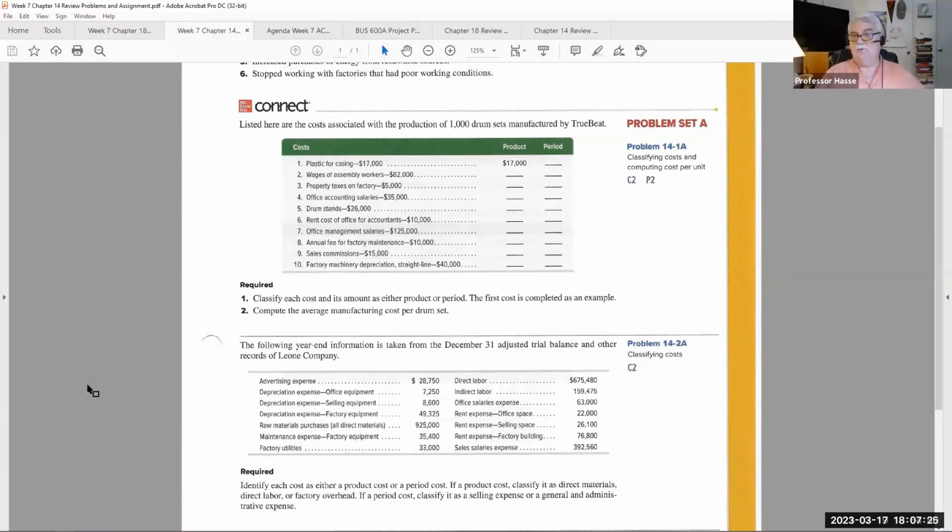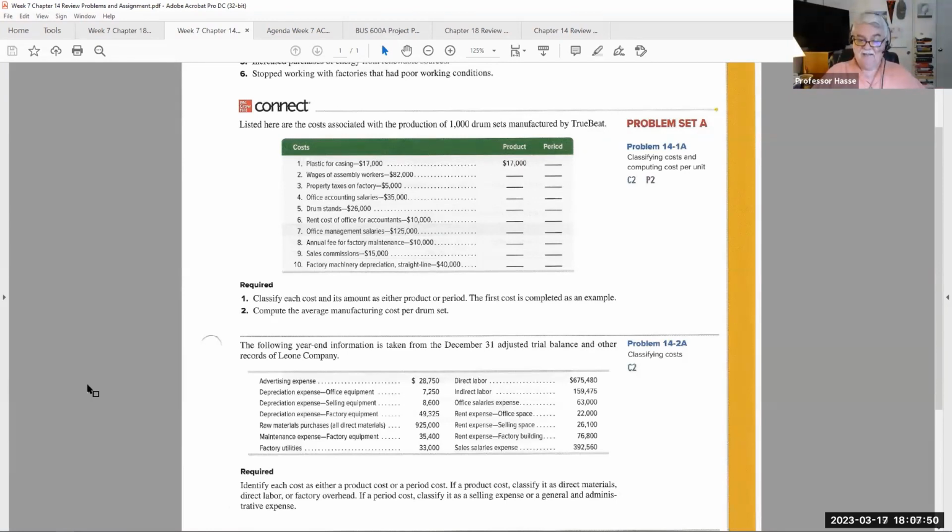All right, so I'm going to go through these. I don't want to call you guys out on this, but this is a good practice. The solutions, again, are in your Blackboard. Notice plastic for casing. I assume that's for casing for a drum. That's a product cost. Wages of assembly workers, product cost.